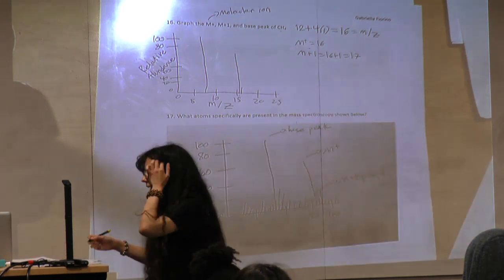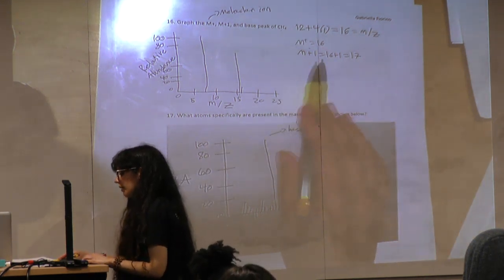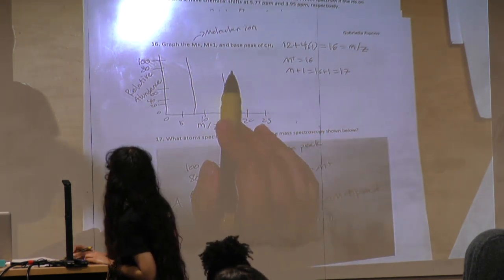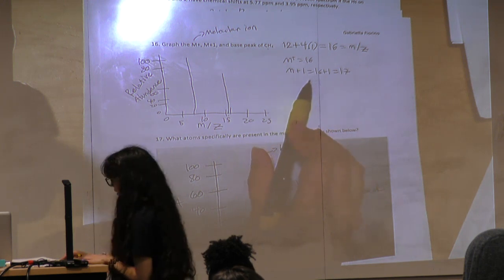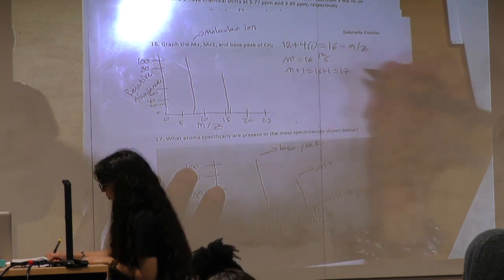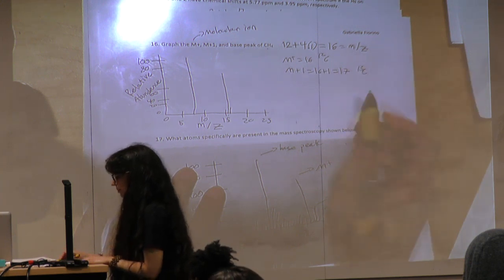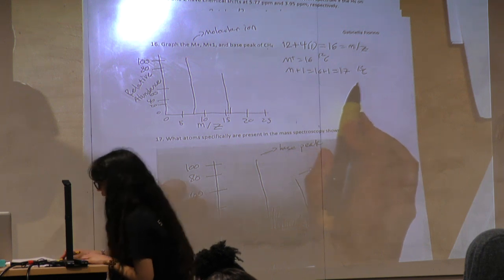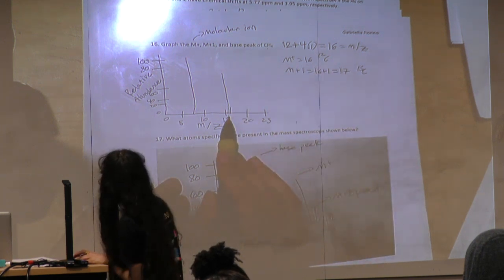It's less abundant? Yeah, exactly. Because we're finding what kind of isotope? We're finding carbon-13, right? Which is much less abundant than carbon-12. So our M+ peak is carbon-12, and for M+1 we're finding carbon-13. That's why. Carbon-13 is much less abundant in nature than carbon-12, so it's going to be a very, very tiny short peak.